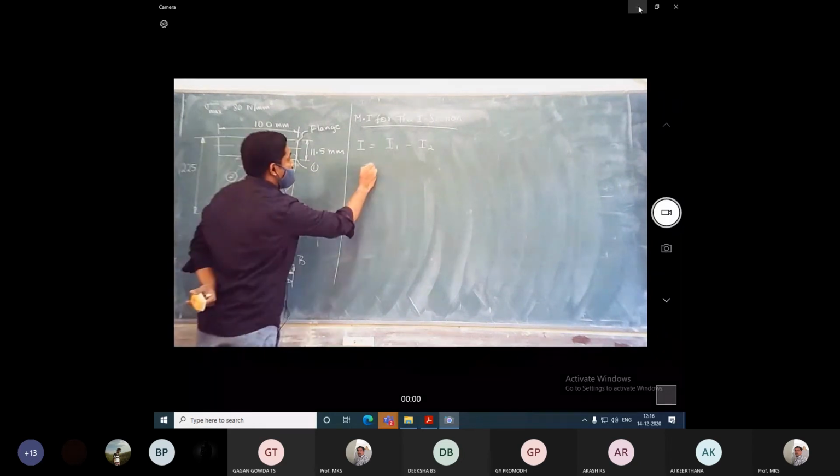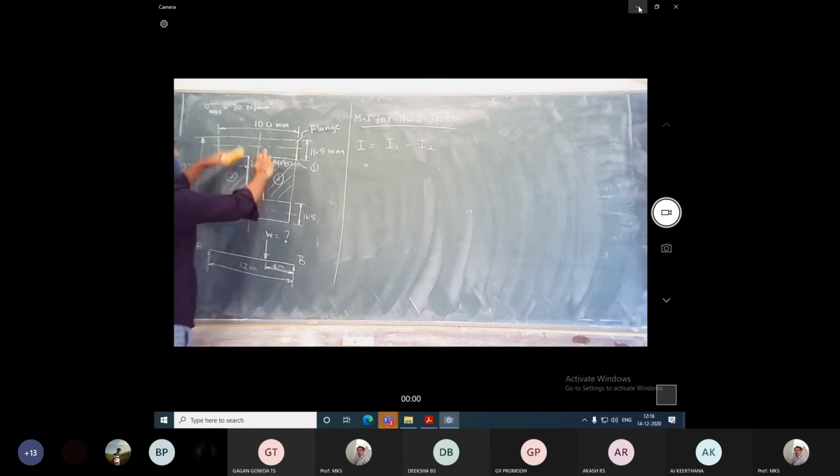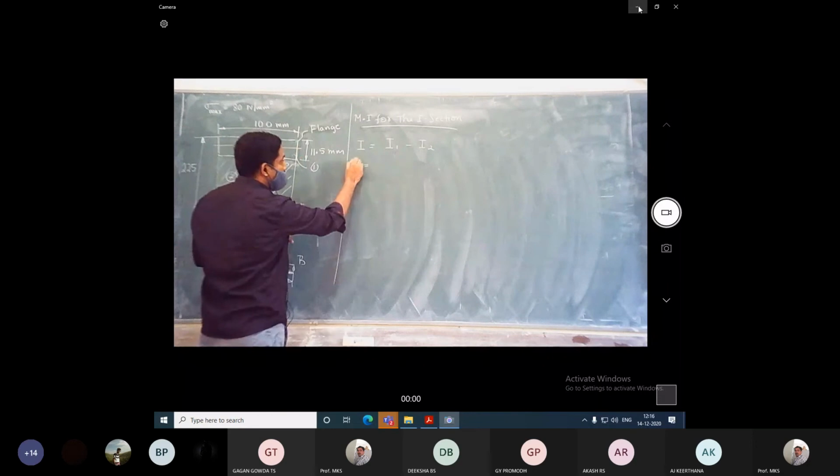Now, what is the moment of inertia for I1? It is general. It is nothing but the outer rectangular portion, so I am not going to write any equation.